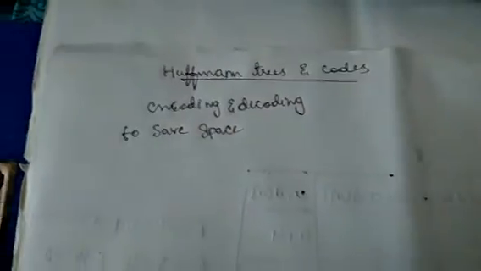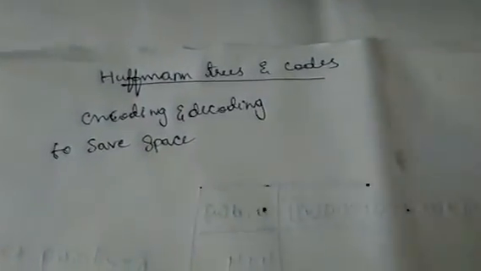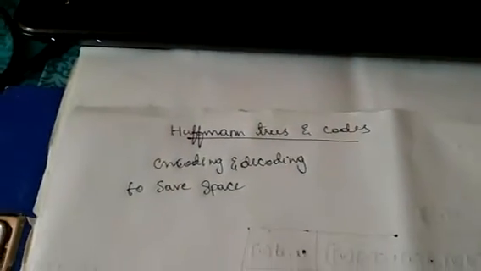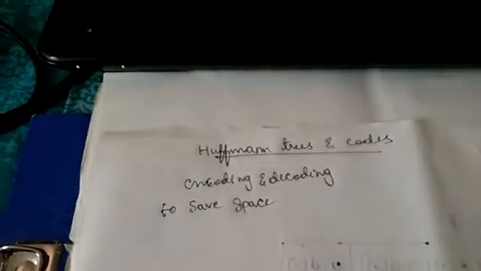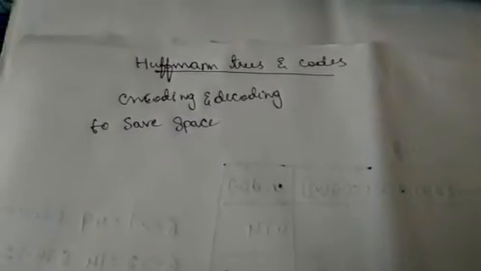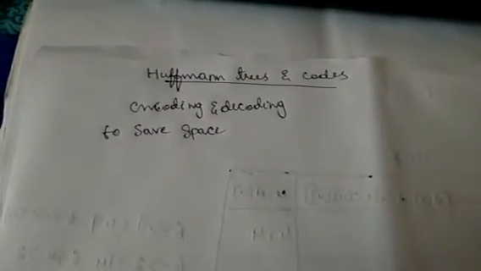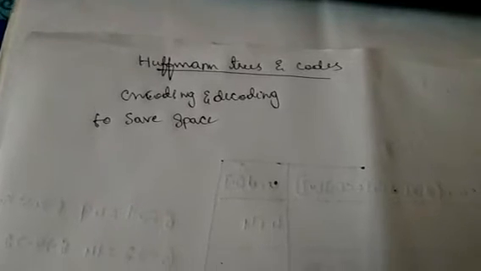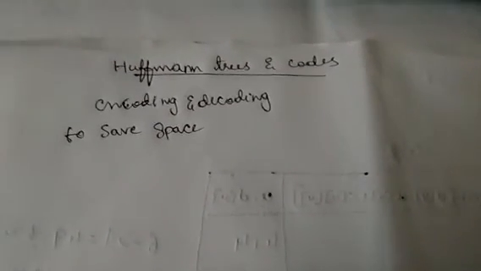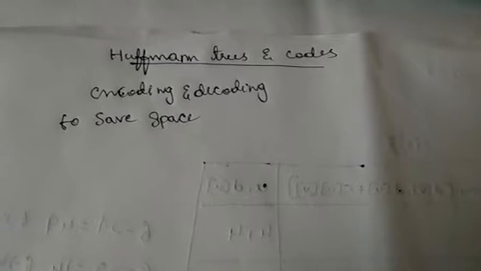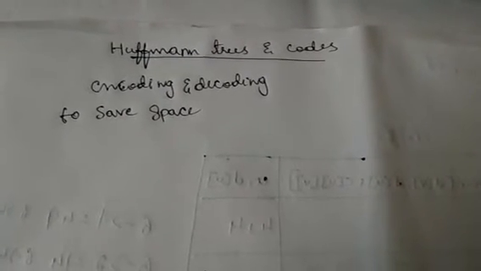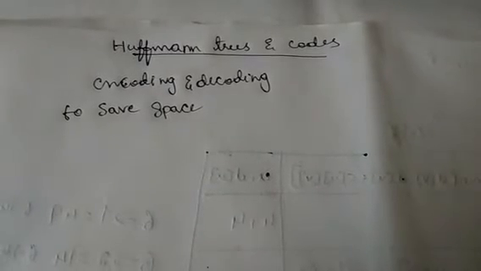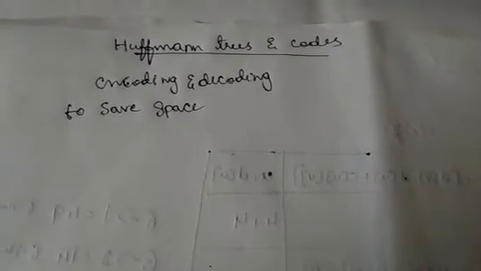I'll tell you how you are going to save space by using encoding and decoding. In this section we'll see how the text can be encoded and how it can be decoded. If you have a small text it is fine, but if you have a huge text or a message that has to be transmitted from one end to another, first it is encoded, and the encoded message is transmitted.